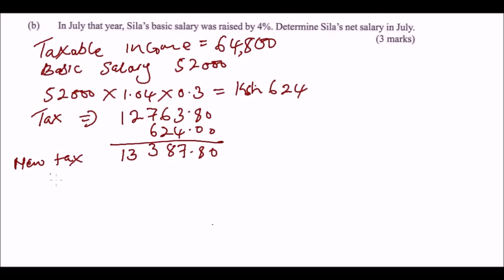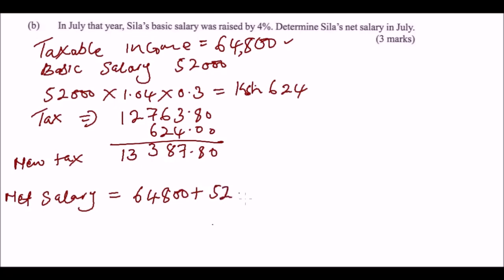Now, for us to get the net salary, it will be from the taxable income. This is 64,800. It was raised by 4% of the basic salary, so it is 52,000 multiplied by 0.04.